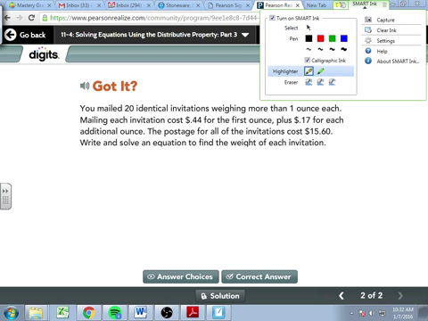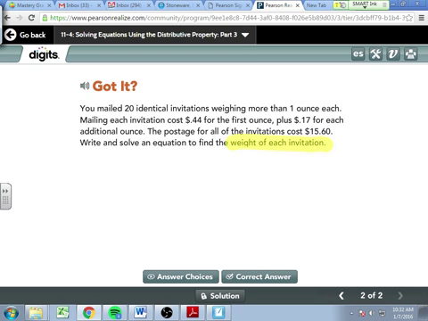So a good thing to look at is what is my variable? My variable is the weight of each invite. So think about how do I set this up? I know how many invitations. I don't know the weight. I know what the first ounce costs. I know what every additional ounce costs. So if I want to look at the weight of each invitation, it'd be like W or something like that.